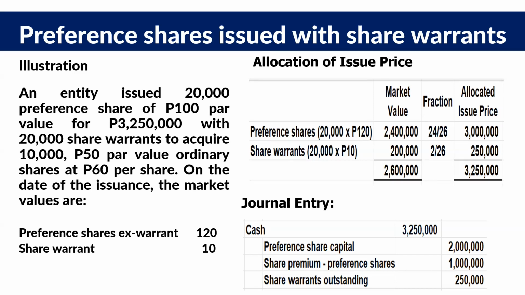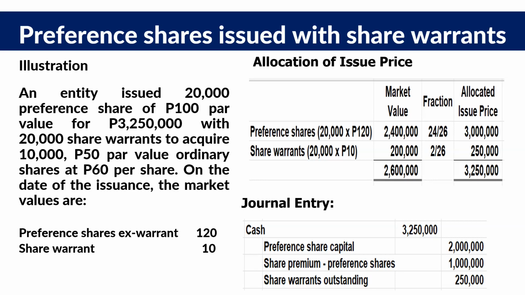It has attached share warrants, 20,000 of them, and those 20,000 share warrants can acquire 10,000 ordinary shares with a par value of 50 at a price of 60 pesos per share.